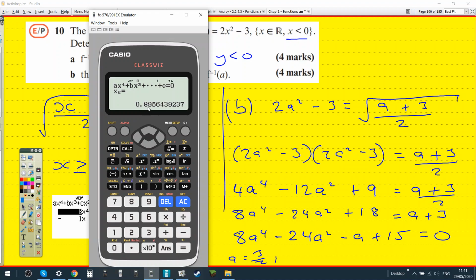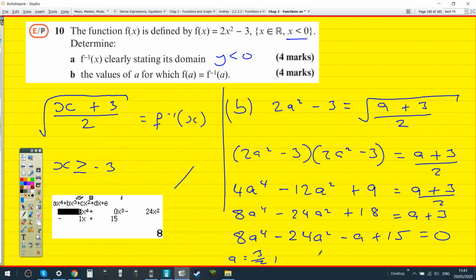Let's say 0.896 or something. Then minus 1. And minus 1.396. Let's say minus 1.40.